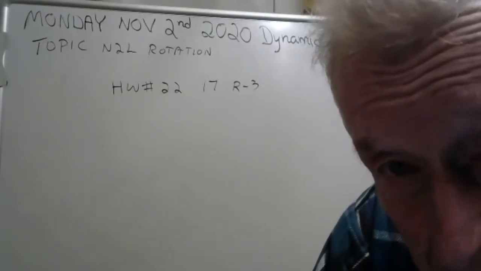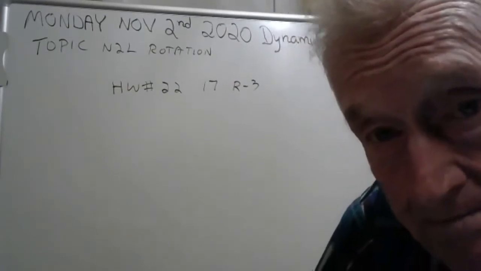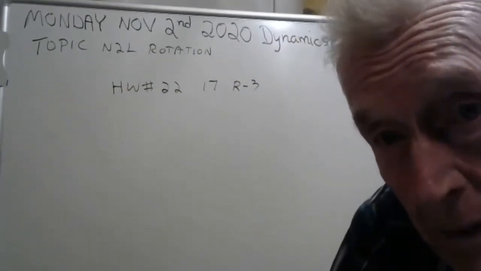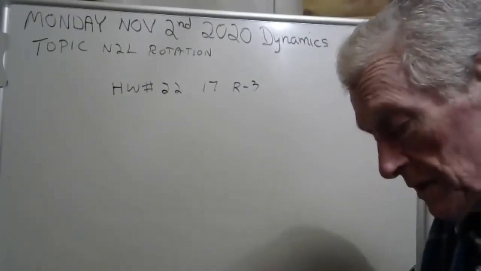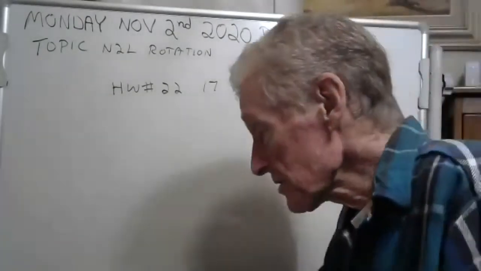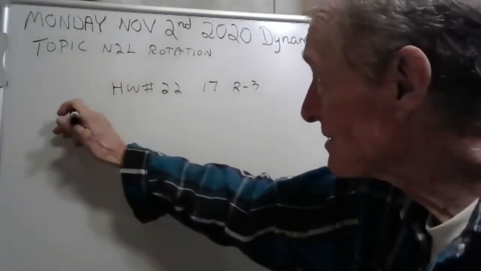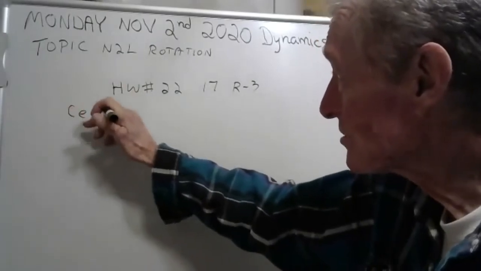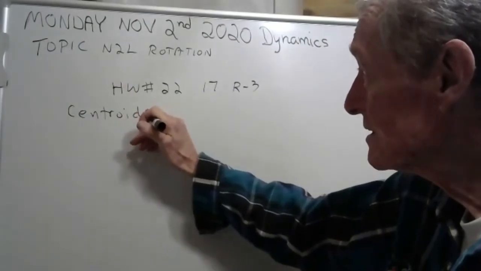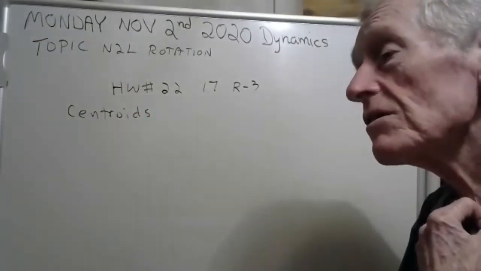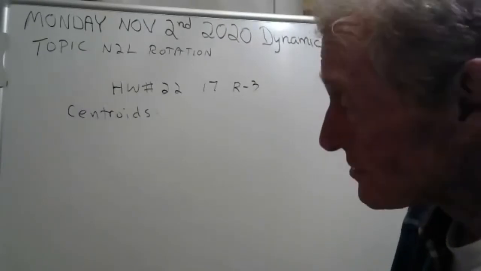One of the things that's important is finding the centroids. Let's talk about that for just a minute, and then we'll get into our fun topic here. Centroids. Did you know there's 5 different kinds, maybe 6, at least 5.